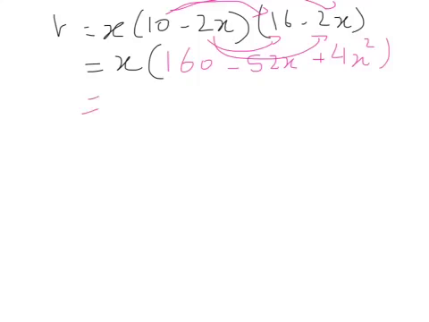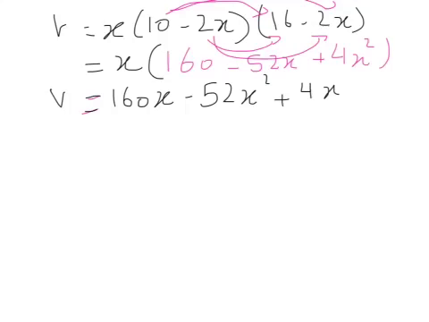Again, the next step would be multiplying x by everything on the inside, and you will end up with volume being equal to 160x minus 52x squared plus 4x cubed. Of course, we're after finding the maximum value, and this is what we discussed previously.